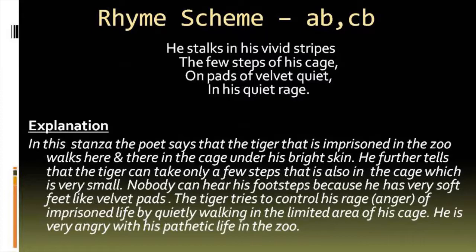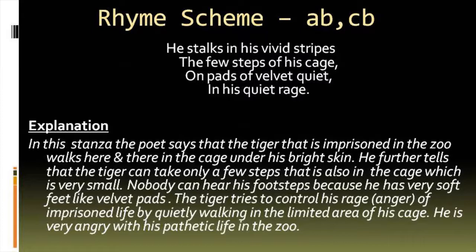The few steps of his cage. Now the poem is beginning about the tiger who is walking under his bright colored skin, walking a few steps. Why few steps? Because he is in the cage, and the cage is very small.